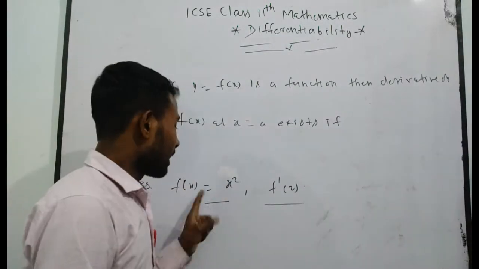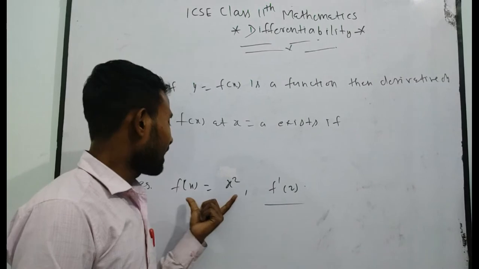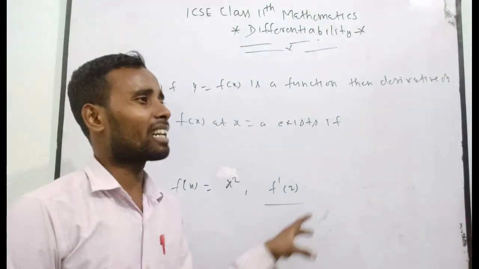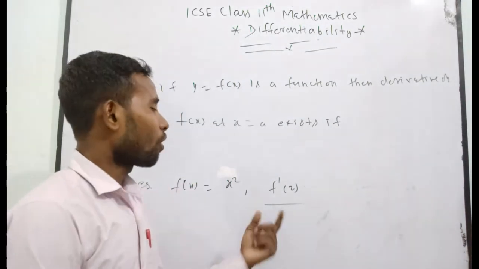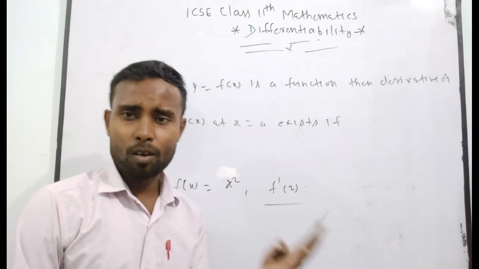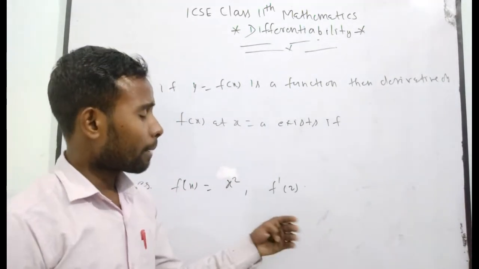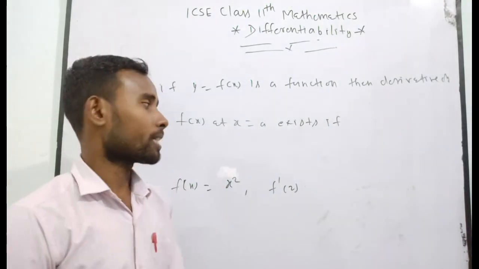Since the derivative exists, don't find LHD and RHD differently. I suggest you find only either LHD or RHD, but from my side, I will tell you to find RHD, because it becomes very easy for you.